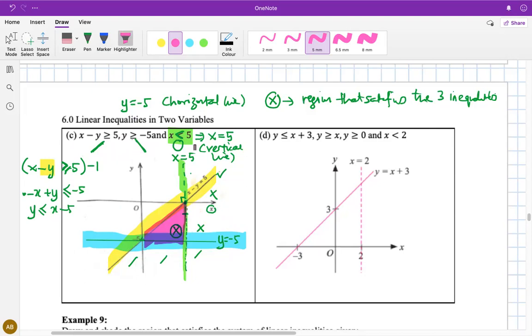If yes, then we just start to mark the regions that satisfy the first inequality, then followed by second and third, and find out the regions that has all the three markers there. Okay, so next we go to D using the same method.